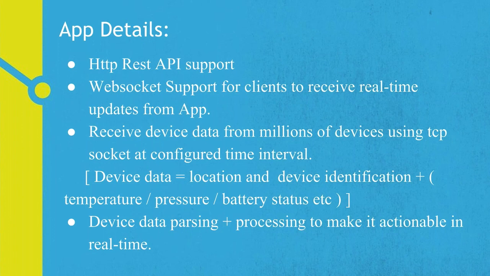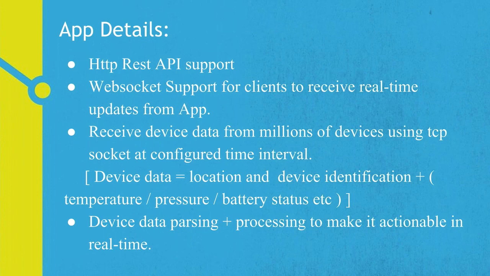This kind of thing can even be used in factories or oil rigs where they have multiple sensors and want to feed the data back to the system. We can run some algorithms on top of that data and decide whether anything is going to fail, so we can get the warning before it actually fails.